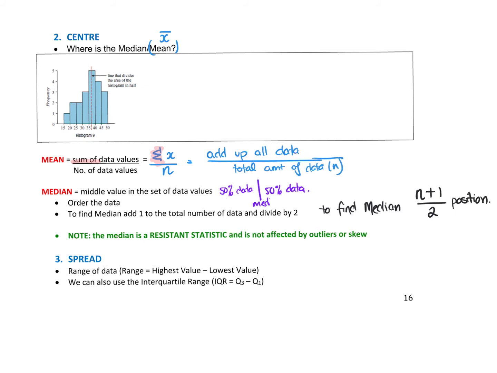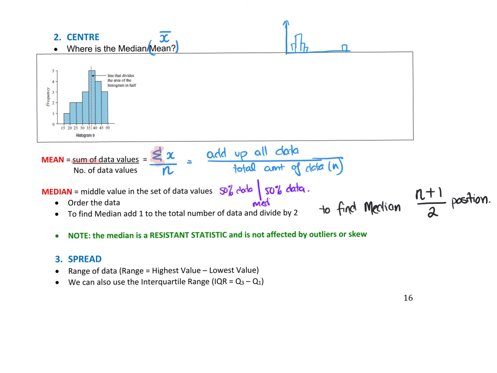Okay, so say you add it up, and it'll show. We'll have a look in a minute. Now, the median is a resistance statistic, not affected by outliers. Because with the mean, we would add up all the values. So if we have these extreme values, say we were thinking about a histogram, and I had a little histogram like that.